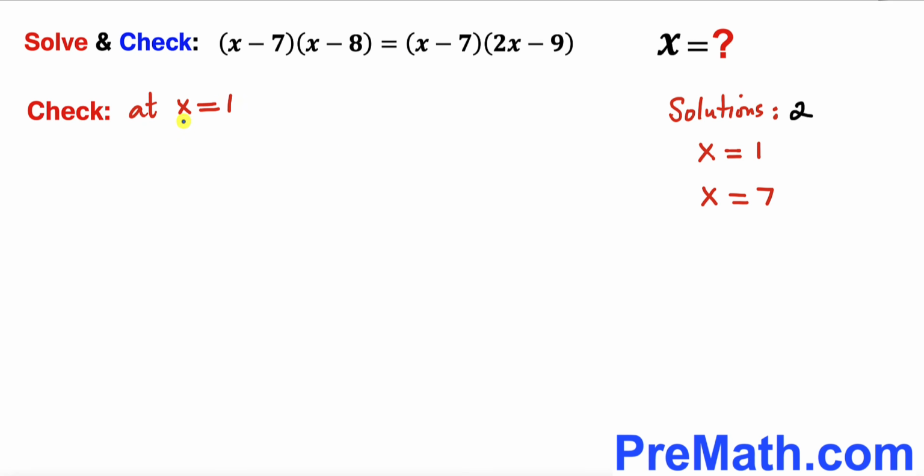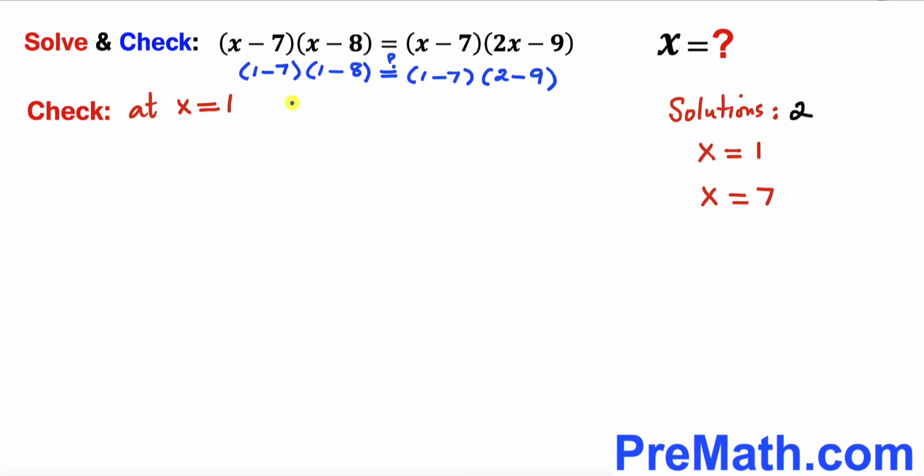Now we are going to look at the x equals 1 value, and plug it into this equation. So we got 1 minus 7 times 1 minus 8, is it equal to 1 minus 7 times 2 minus 9?